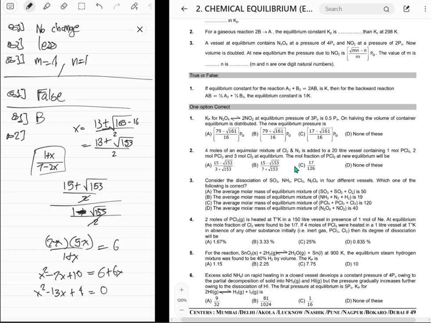Wait, we took 2x, so it's actually correct. Oh come on, what am I doing? Just do it directly. 7 minus 13 is minus 6, so square root of 153 minus 6. But then that 2 comes down, and it's this thing.